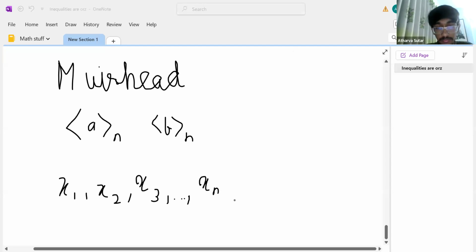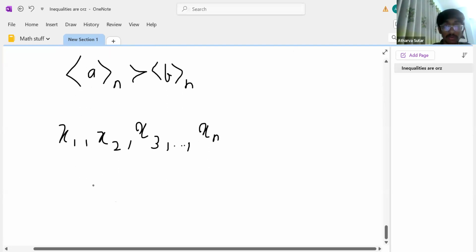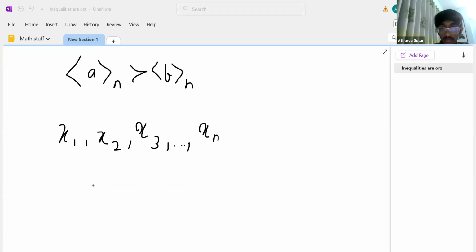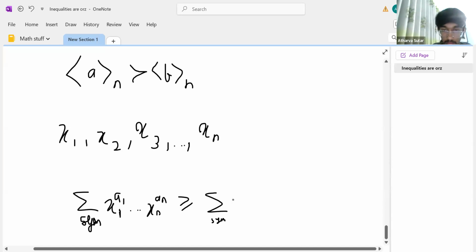So all of these are positive reals, and a_n and b_n are two sequences such that a_n majorizes b_n. Then Muirhead's inequality states that the symmetric sum of x1 to the a1 through xn to the an is greater than or equal to the symmetric sum of x1 to the b1 and so on.